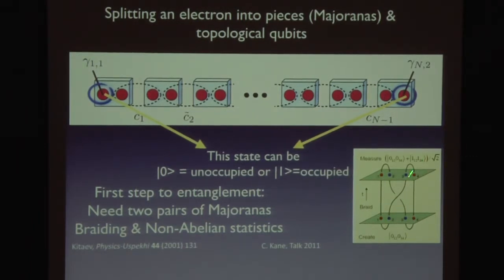And depending on how I do this operation, the phases that the electron wave function or this Majorana wave function picks up would be different depending on this braiding process. So this is why we in the condensed matter community are very excited to try to create these Majoranas in a condensed matter setting, because it would be a first type of fermion which will have non-abelian statistics.